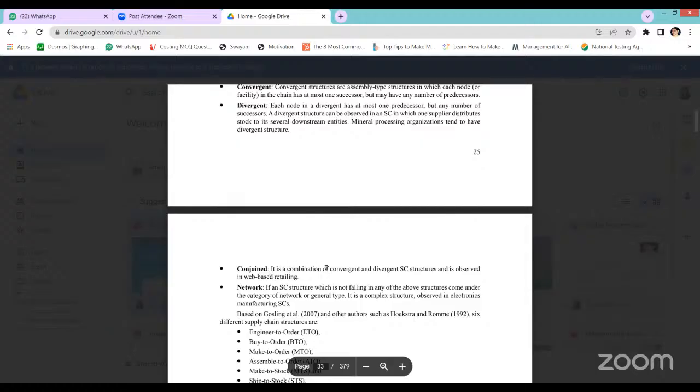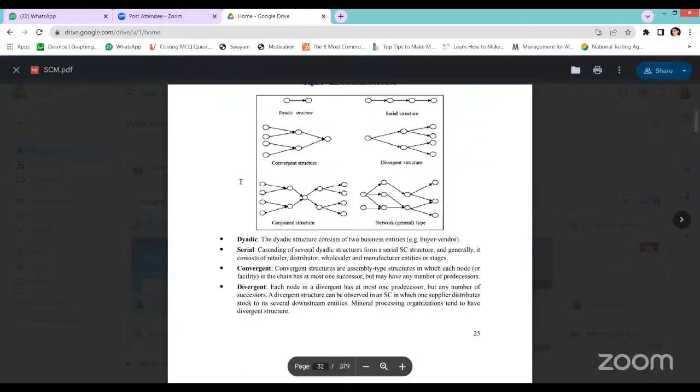Conjoint is a combination of convergent and divergent, meaning many successors and many predecessors, as the picture shows.